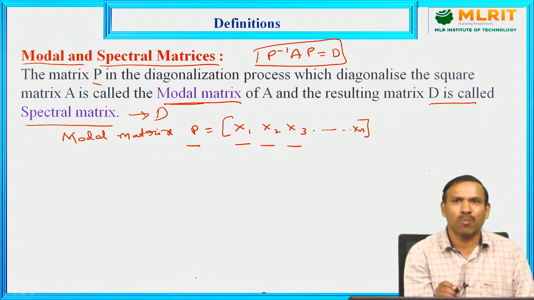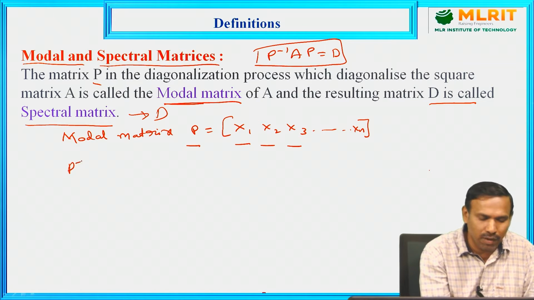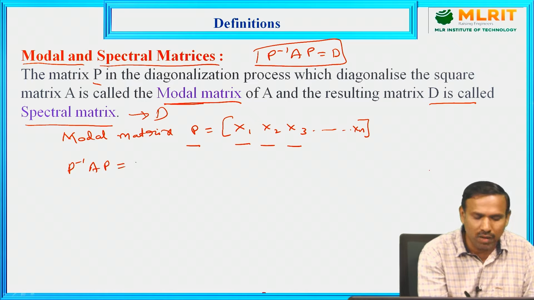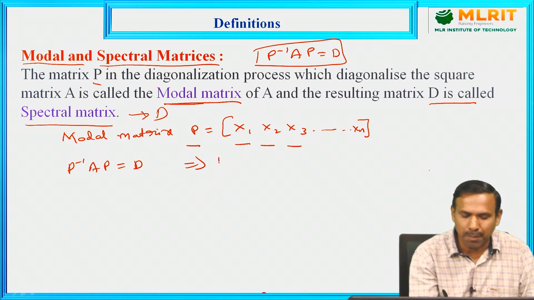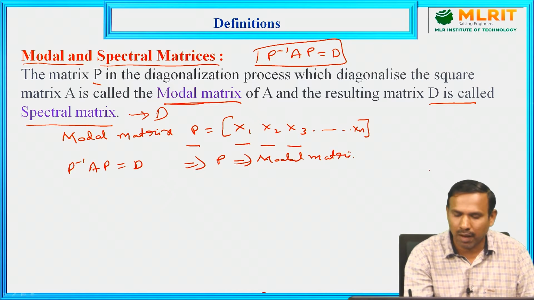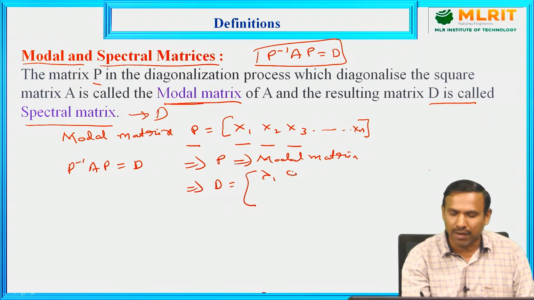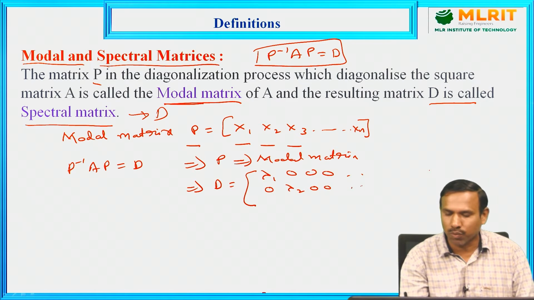Generally in this process, P inverse AP is equal to D. Here P is a model matrix, and D consists of the diagonal elements, especially eigenvalues in the diagonal: lambda 1, 0, 0, and so on; then 0, lambda 2, 0, and so on.